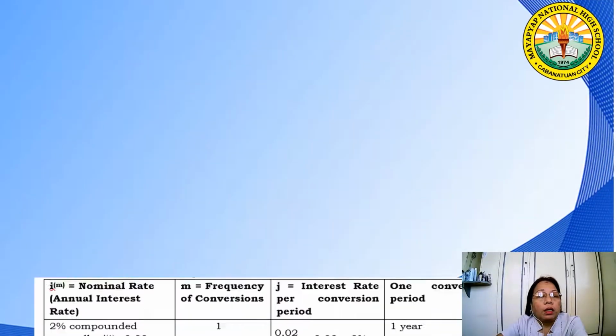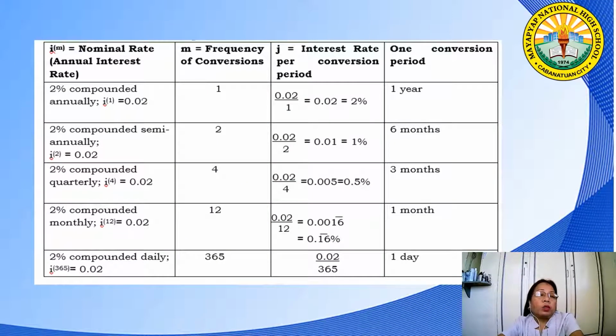Okay, look at the given table. For the first column, we have the nominal rate or the annual interest rate. Second column is m, which represents the frequency of conversion. j for the third column is the interest rate per conversion period. And the last column is one conversion period.